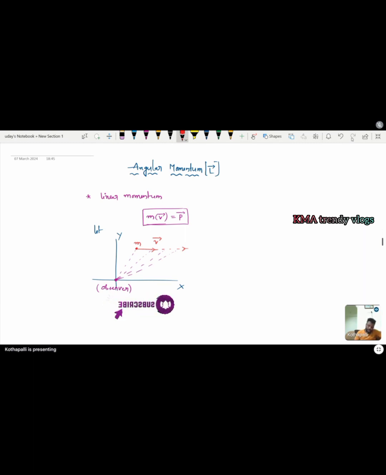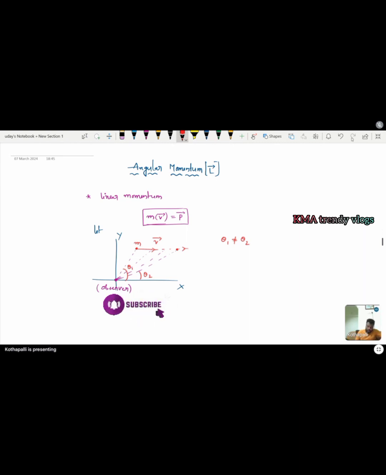So when the object was here, let's say the angle was theta 1. When the object is moving and has come somewhere here, let's say the angle is theta 2, which means theta has changed, where theta 1 is not equal to theta 2. That means to this observer, it appears like it is moving in a rotational motion.